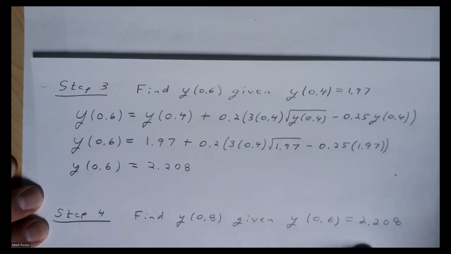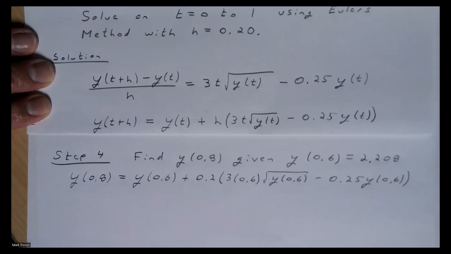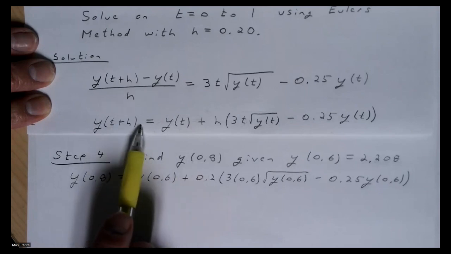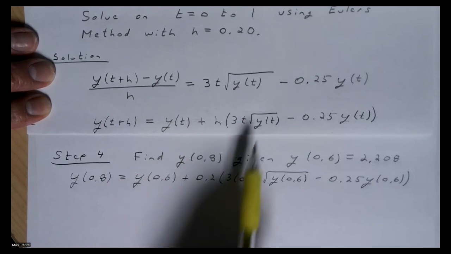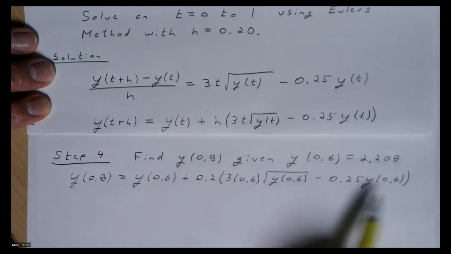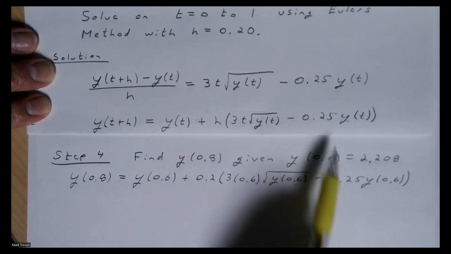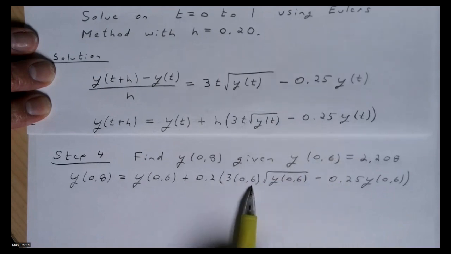Again, we're going to use what we just found. Keeping our scheme in mind, we want to solve for y of 0.8. On the left-hand side, we have that. And on the right-hand side, everything is from the previous step, 0.6, and of course, that was part of the equation, 0.6 for t.